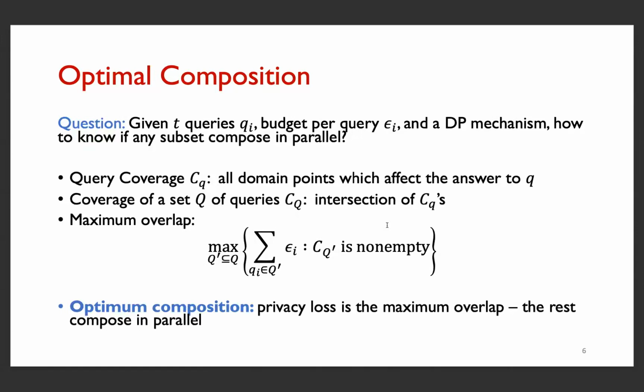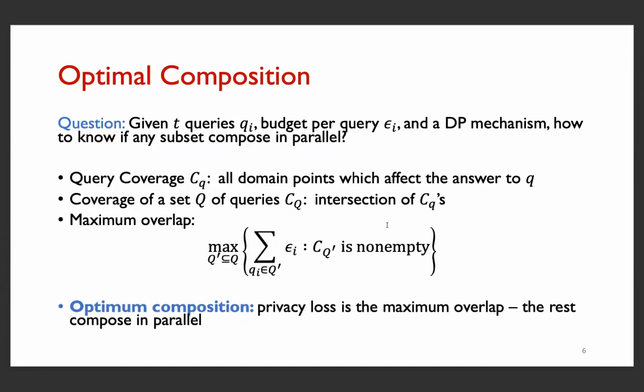So for a single query, we define its coverage as all the domain points which, if removed, would change the answer to that query. And likewise, we can define the coverage of a set of queries as the intersection of the individual coverages. The maximum overlap is then the maximum budget consumption by any subset of queries that overlap.